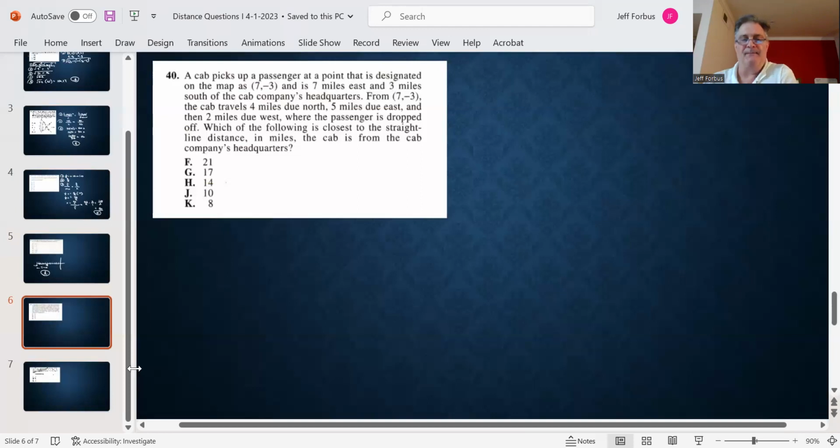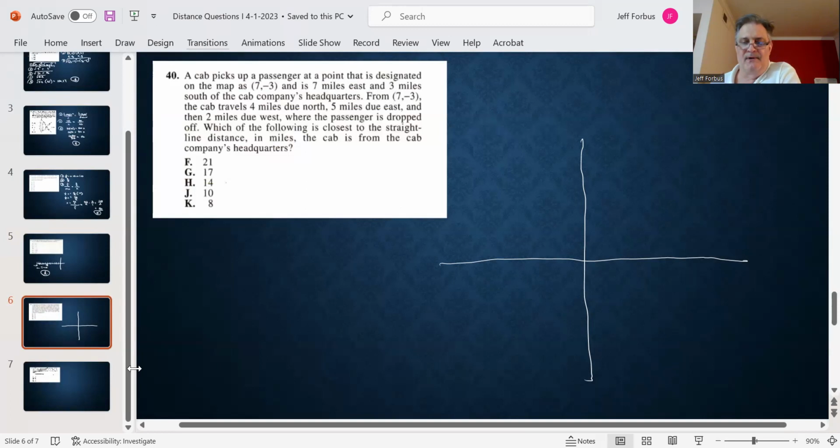So with that in mind, one of the better things we might want to do is draw a graph to help keep everything in order. So here's what I'm going to do. I'm going to sketch a graph. Now we've got (7, -3).